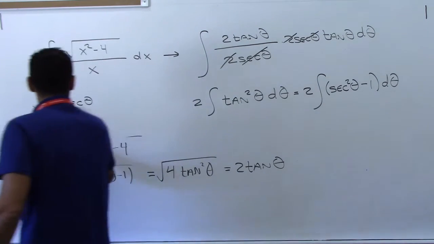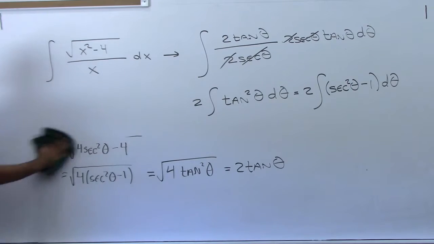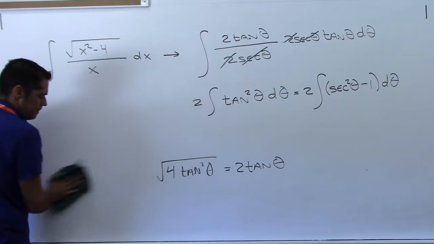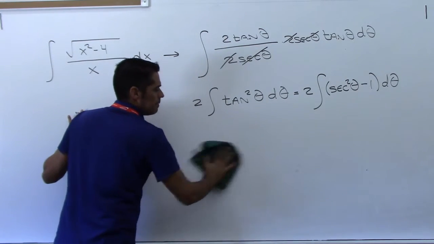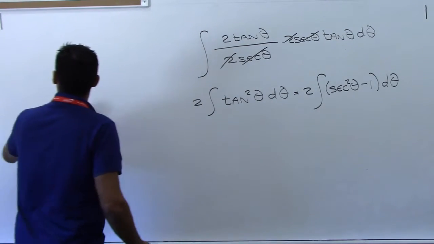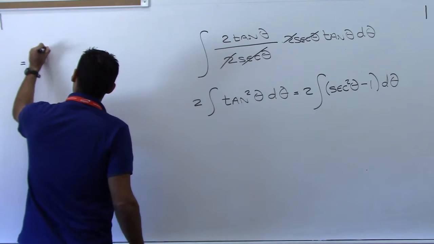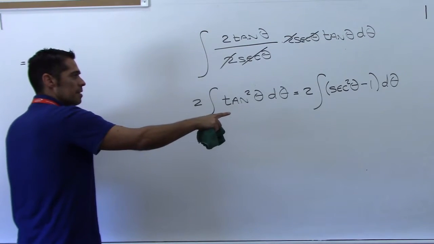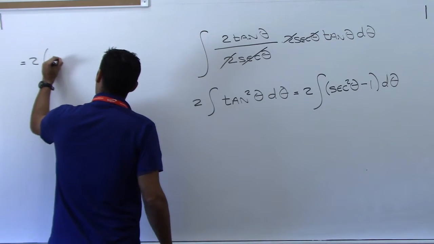All right. So, Kiki, you with us? Okay. So let's go ahead and take the antiderivatives now. We have 2, and then antiderivative of secant squared theta is just tangent theta.